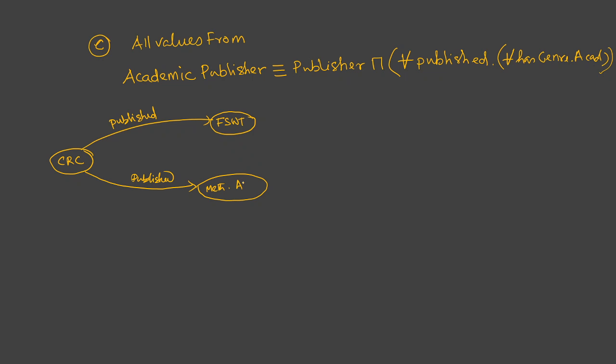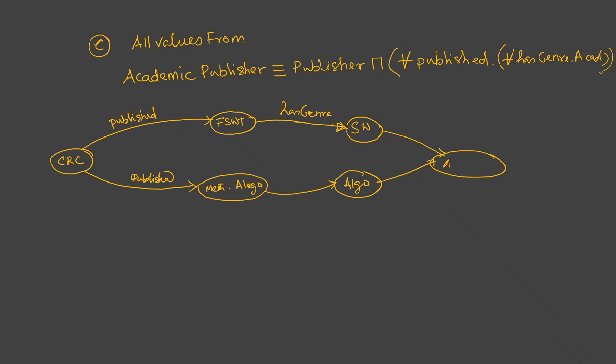I'm just writing methods in algorithm, right? Now this FSWT has genre to be semantic web, and this methods in algorithm has got genre to be algo, and both of them finally they belong to the genre academic.